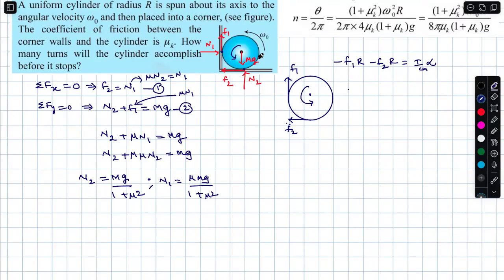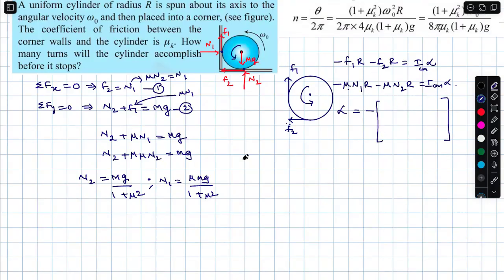Why did I not consider mg, N2, N1 here? They are passing through the centers. F1 is mu N1, so minus mu N1 R minus mu N2 R is I_CM alpha. So alpha is negative because it is a retardation.